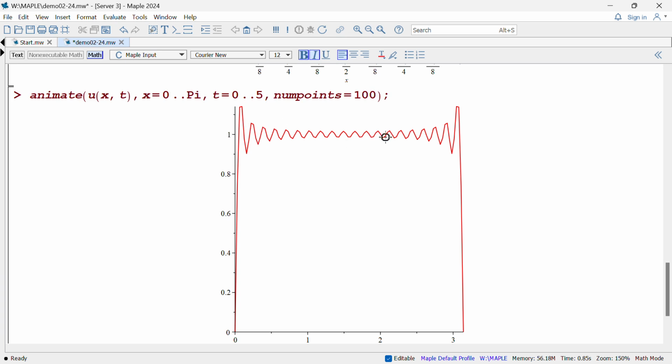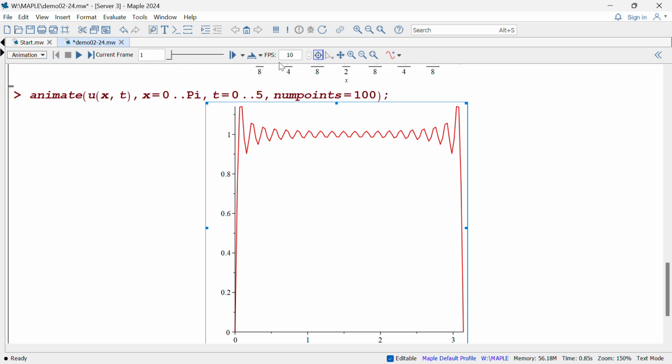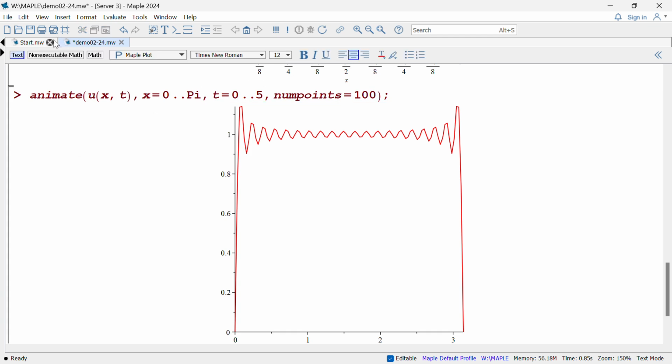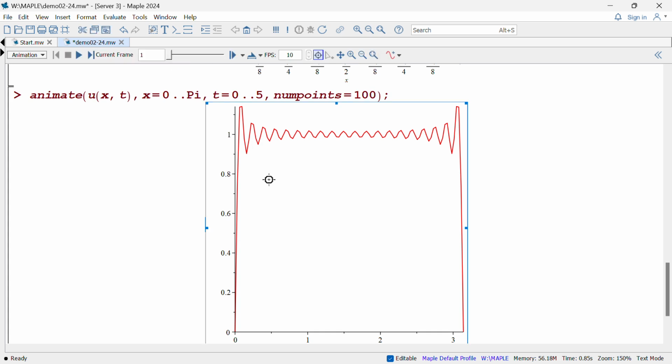In fact, it still looks kind of crummy, but adding a number of points 100 means there are 100 points in the animation, in the x variable. Anyway, I'm going to push play here. I'll do a slow, no, I want frames per second 1. Okay, let's animate that. Where did it go?